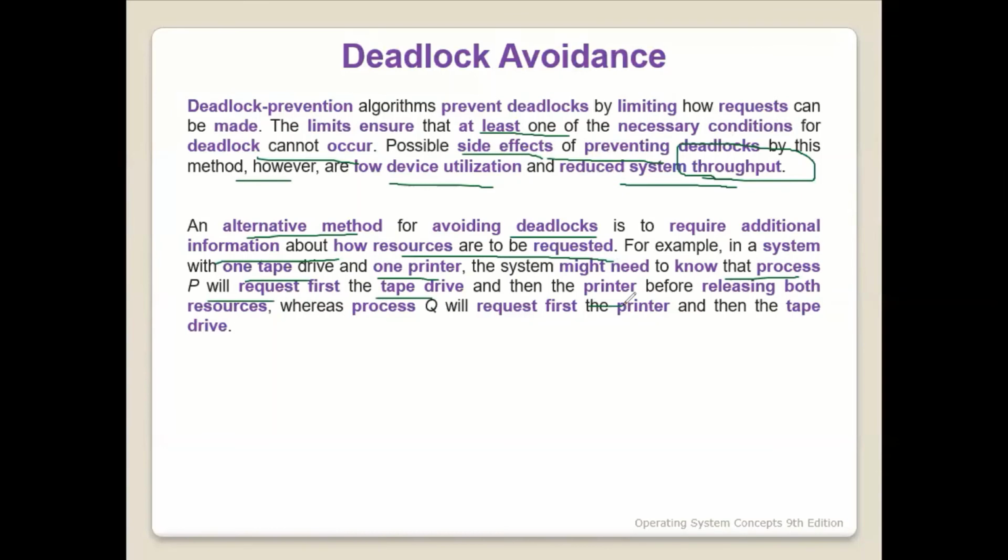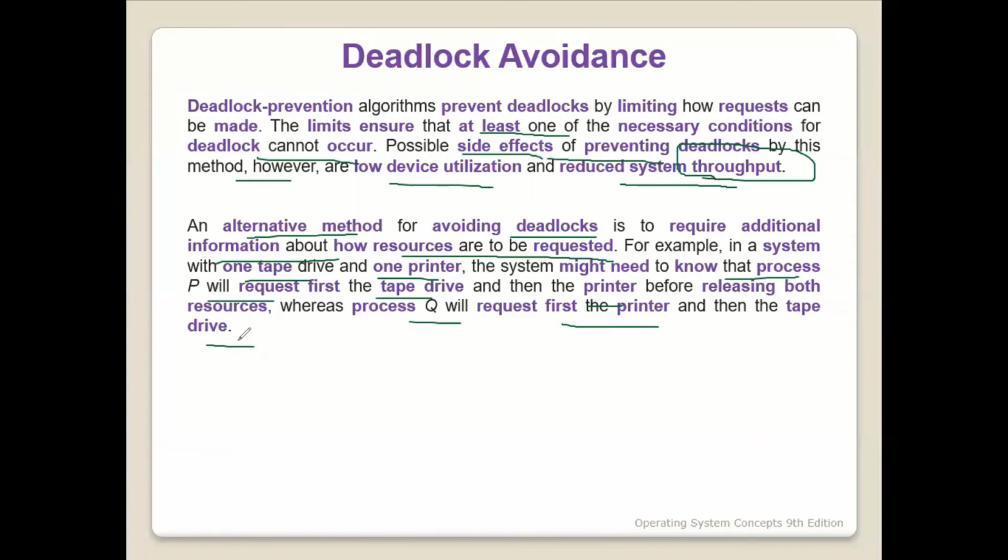If we know this in advance, and let's assume that process Q will request first the printer and then the tape drive, we can easily execute the process P and also the process Q. You get the idea. If we know what resources the process is going to request, accordingly we can plan the execution of the processes.